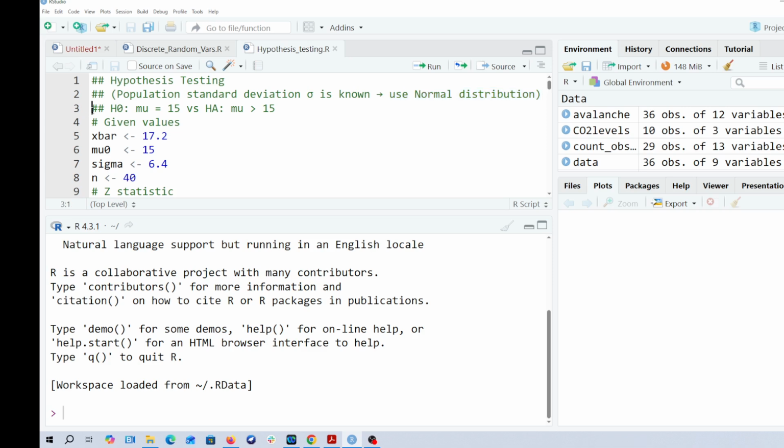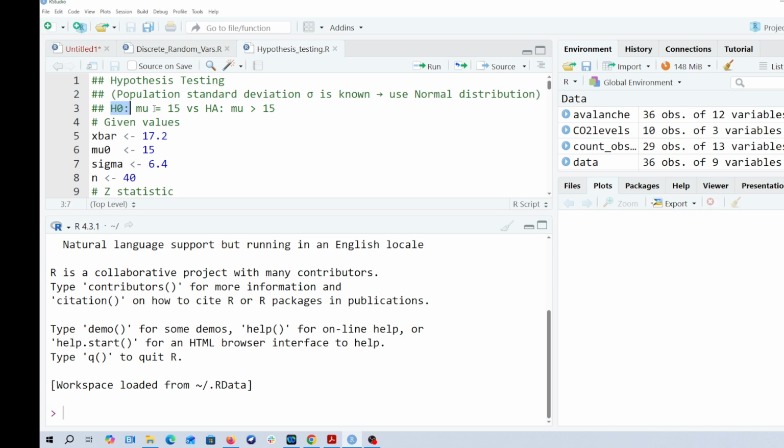So let's take, for example, that I know the standard deviation, and I was trying to check if the mean height in a particular class is greater than 15 centimeters. It's just a scenario that we are looking at.